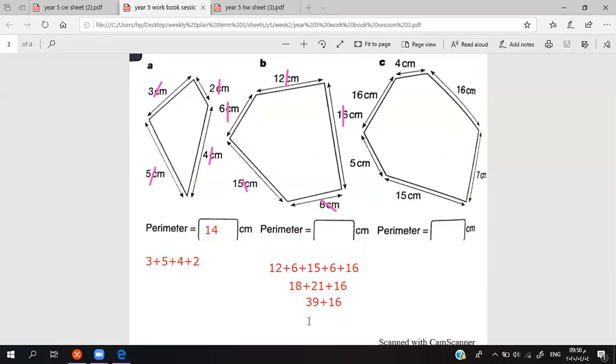Add again. It's going to give me a 55. So my perimeter is 55. Add it the way you like, okay? Now please pause me and get the perimeter of the last shape and then come back to see how we do it.